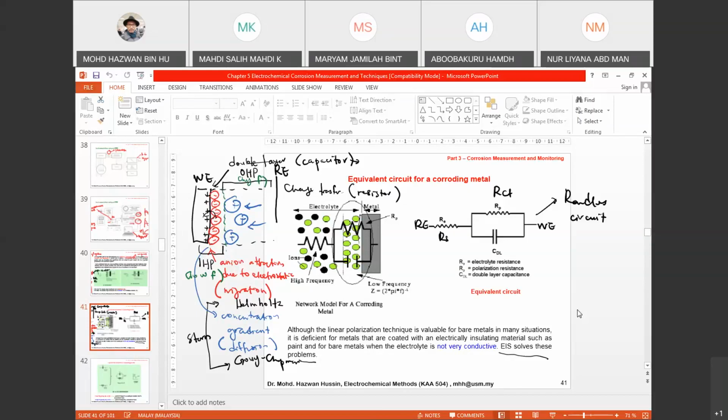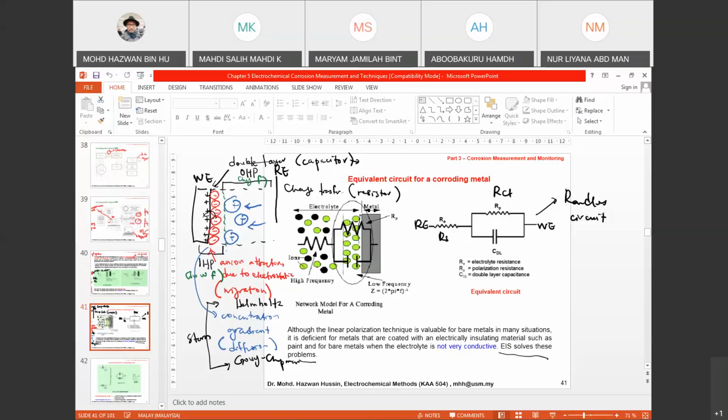So the best is to try to fit it with an electrical circuit model. If the data fit the model, it can give precise values, and it tells you that the interface mechanism follows the electrical circuit design.